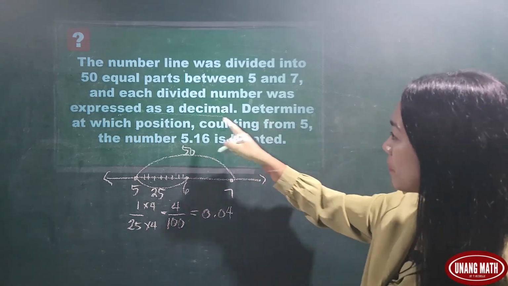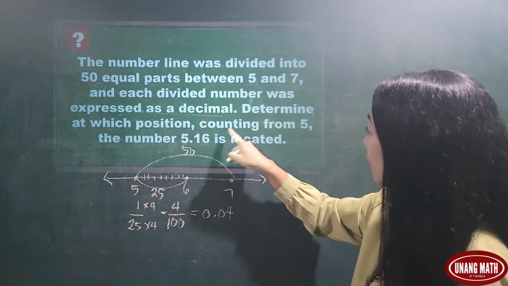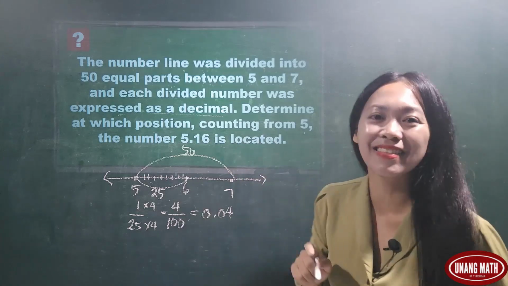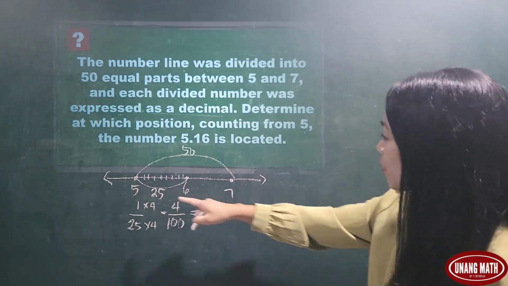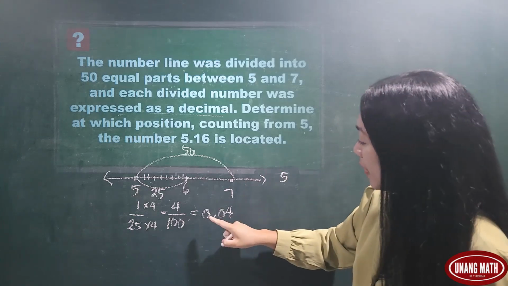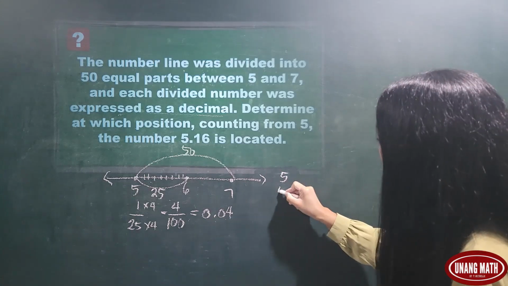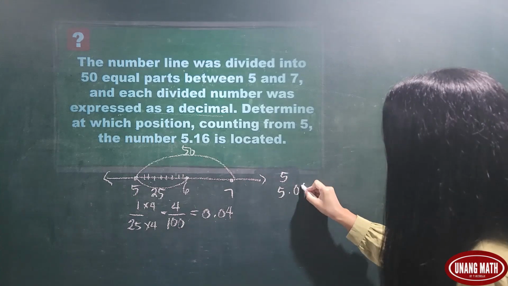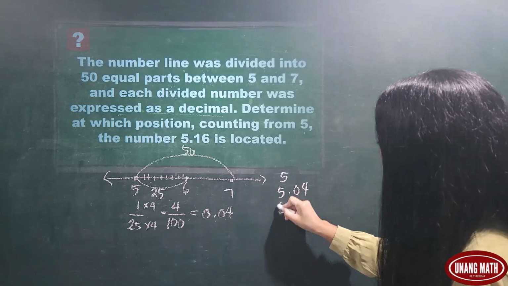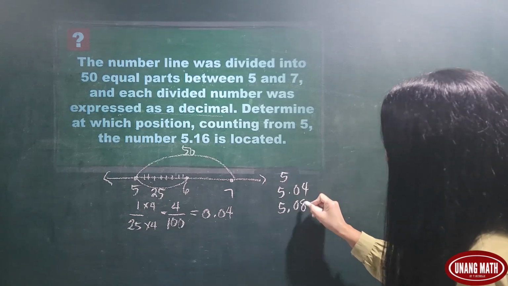Okay, we will determine at which position, counting from 5, the number 5.16 is located. Counting from 5, 5 plus 0.04 is 5.04. Plus 0.04 is 5.08.